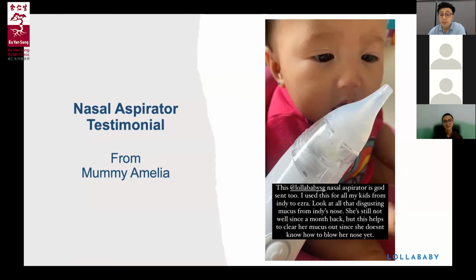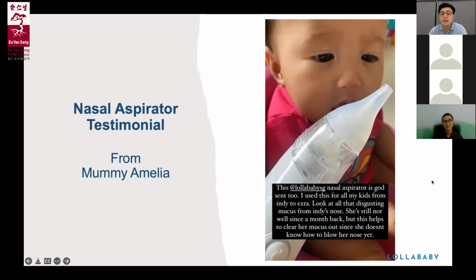She's not been well for about a month, but this helps to clear her nose since she does not know how to blow her nose yet. A child will probably only know how to blow their nose from, say, maybe 2.5. Some children, even at 4 years, still don't really know how to blow their nose. So the aspirator will help to relieve their symptoms, clearing the mucus so they can breathe better.